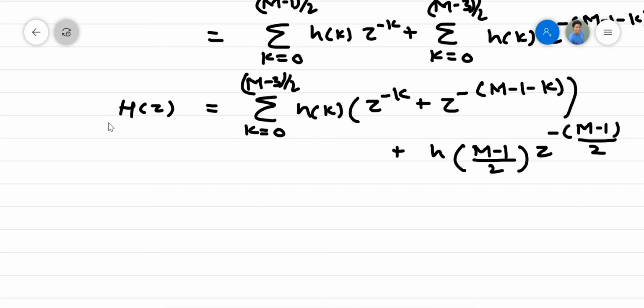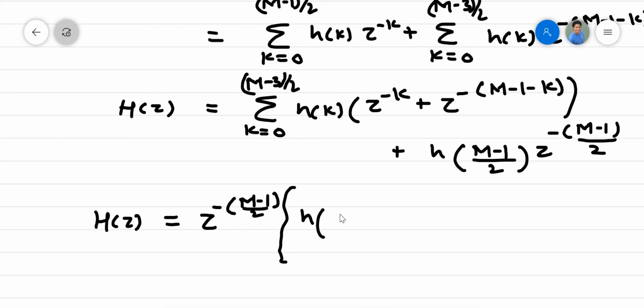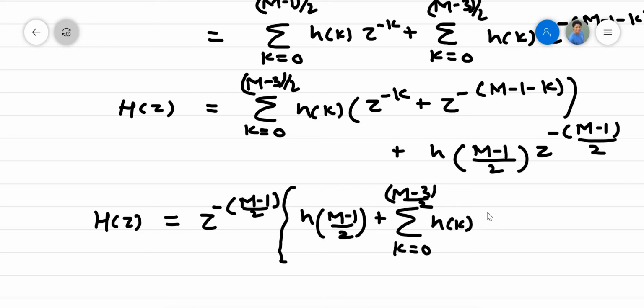If we take z to the power minus (M minus 1) by 2 common, H(z) will be equal to z^(-(M minus 1) by 2) times [h[(M minus 1) by 2] plus the summation k equals 0 to (M minus 3) by 2 of h[k].